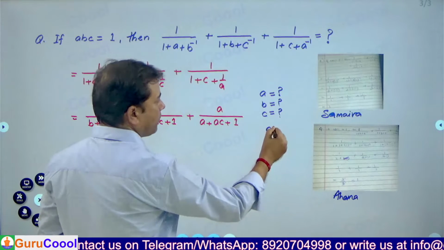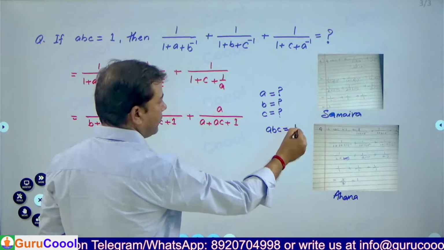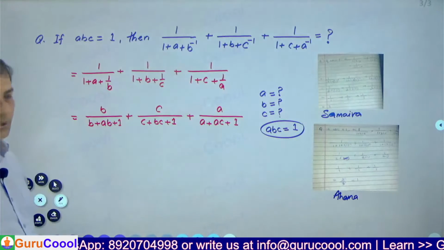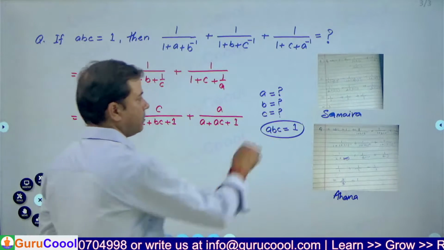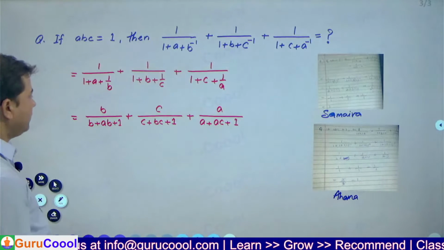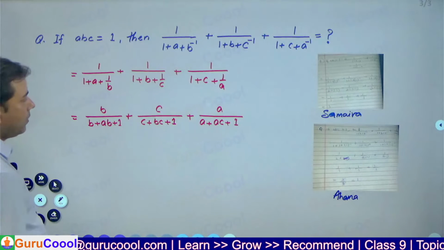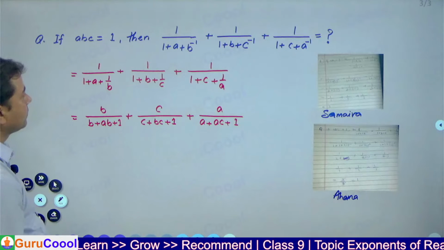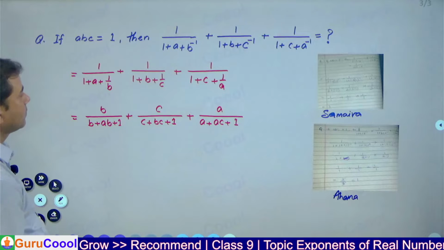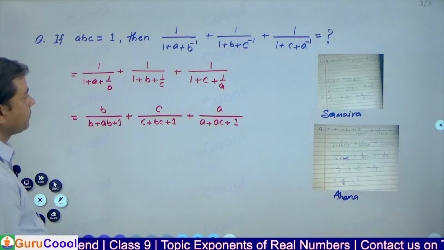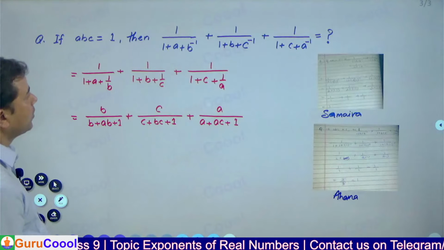But we know the product of the three. That is 1. But we don't know separate values. So now what we can do? We can find their separate values. Give me a moment.